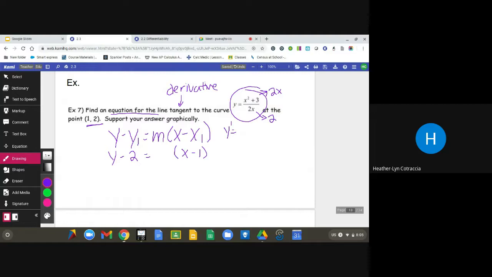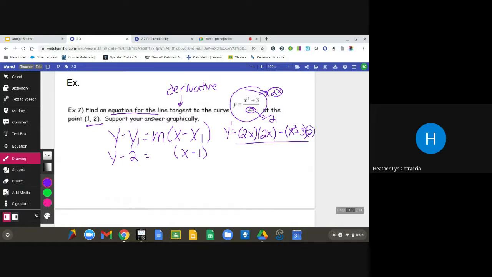So the derivative of x squared plus 3 is 2x, and the derivative of 2x is just 2. And those are by my constant rule that I saw before. Okay, so now it says low d high, and that's this 2x right here times this 2x right there, minus high d low.